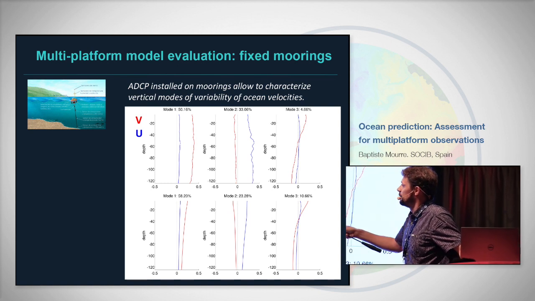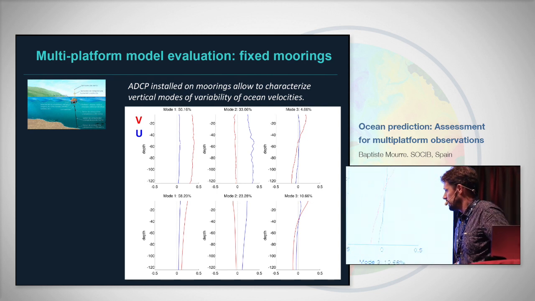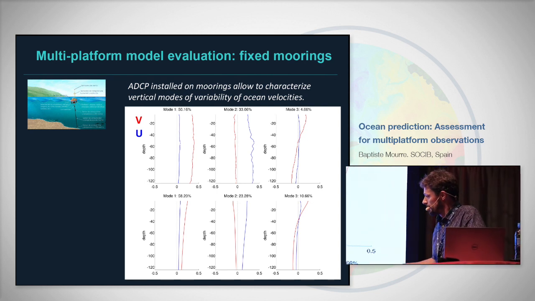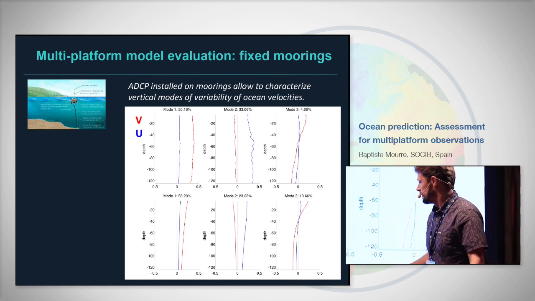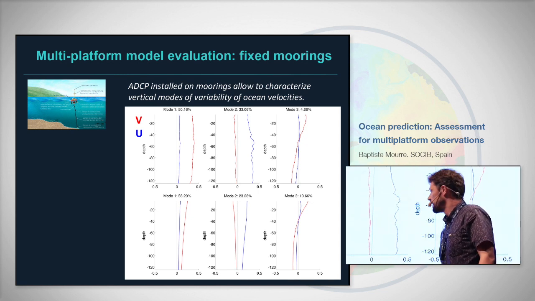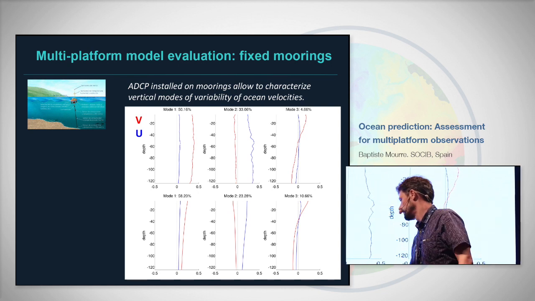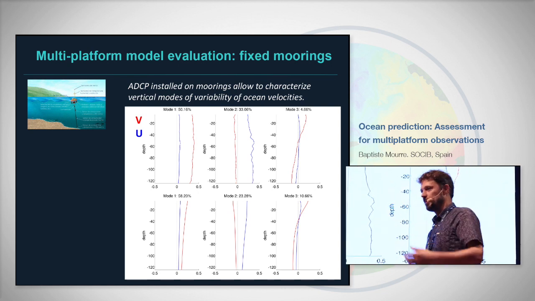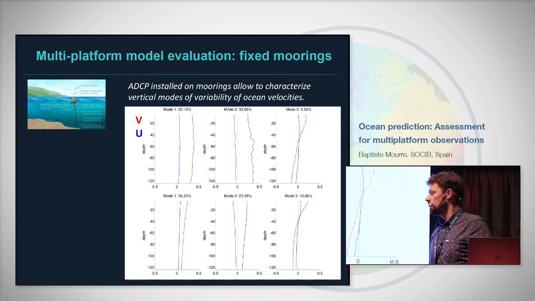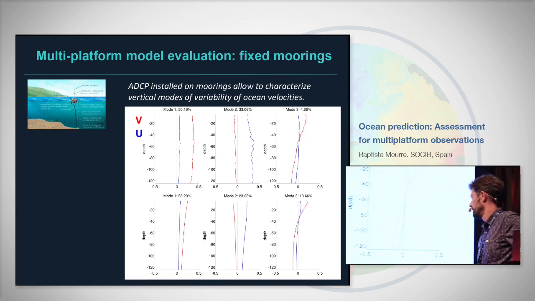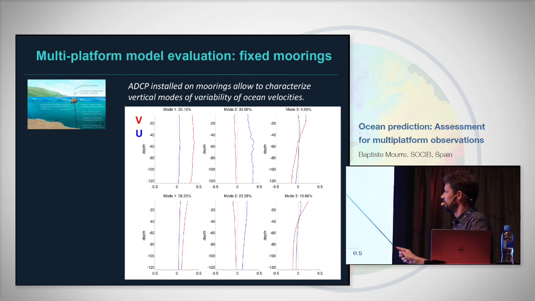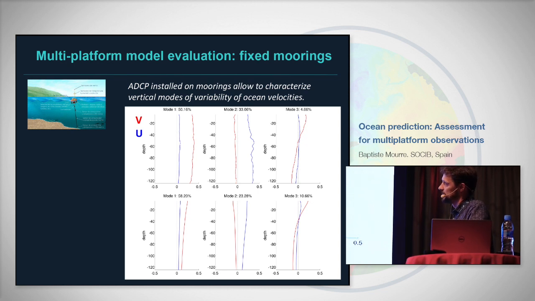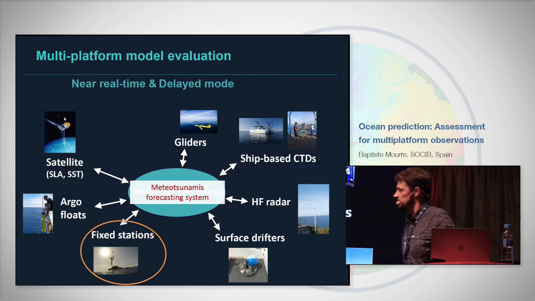The V will be in red and the U in blue, and for instance this can highlight that the model represents a kind of decay of the velocity in depth that is not really in the observations in the first 120 meters here. So we may have an underestimation of the variability at 100 meter depth. At the same time, you can check that the third mode, the barotropic mode, has quite the right structure in both the model and the observations. So this is additional information on the accuracy of the model.